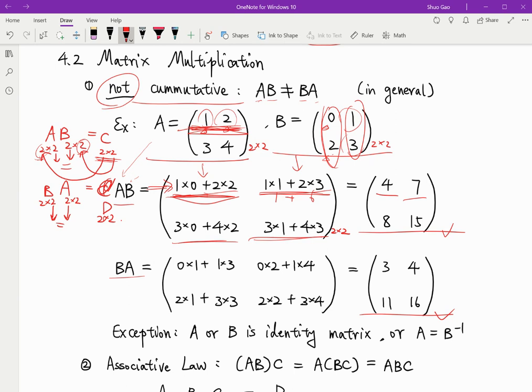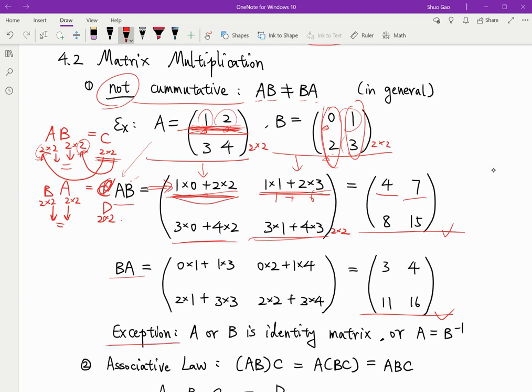So A times B is not B times A. It's not the same as in number algebra, right? If you change the order, you will change the result, right?